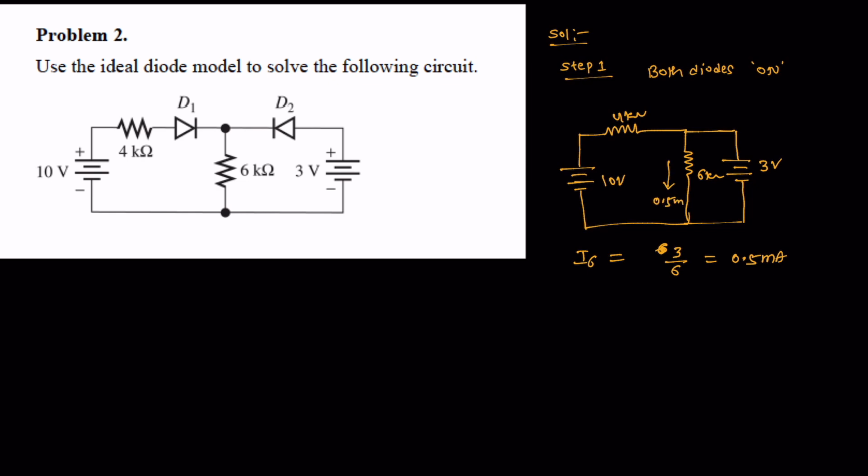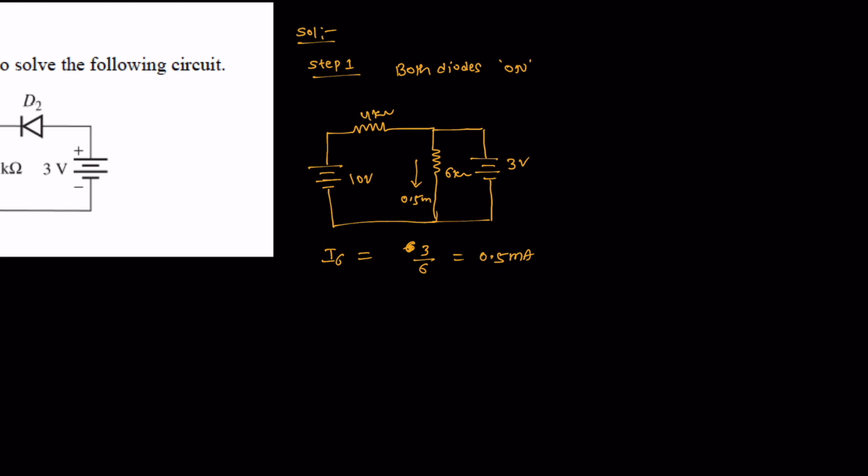Now let's calculate the current flowing in this direction, that is I4, which is nothing but 10 minus 3 over 4, because here the voltage is 10 and here the voltage is clearly 3 volts. So 10 minus 3 over 4, which is 7 over 4 milliamperes.